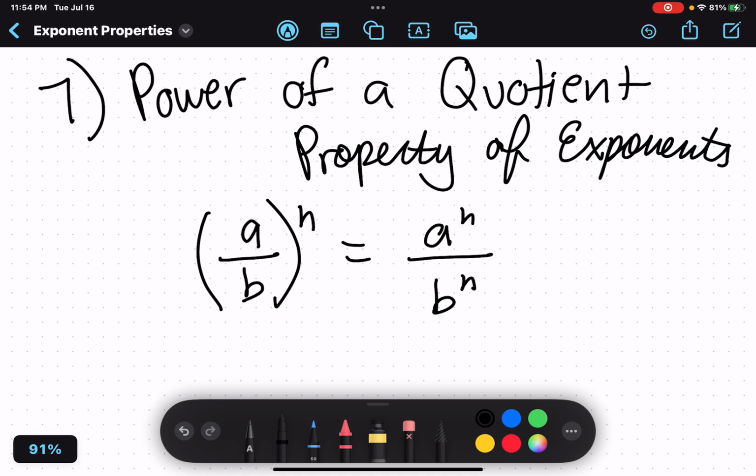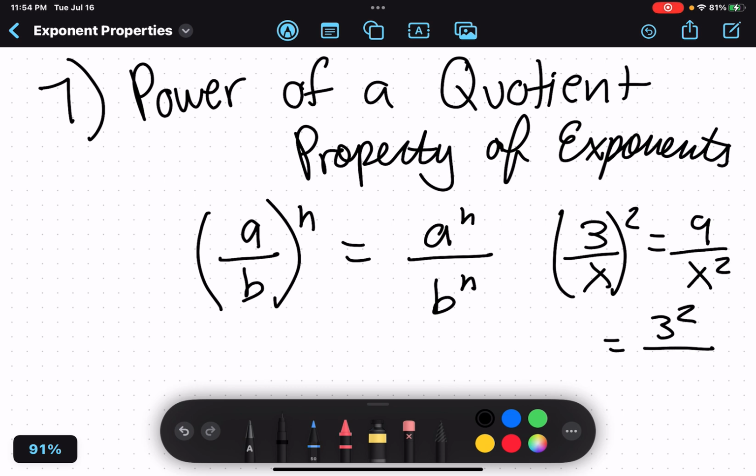And once again, you could substitute that with numbers. Let's say you had 3 over x to the power of 2. That could also be written as 9 over x squared, or 3 squared over x squared. It's as easy as that.